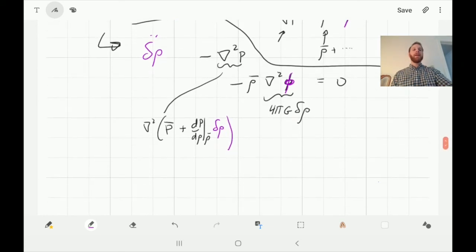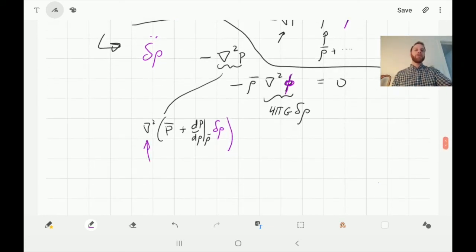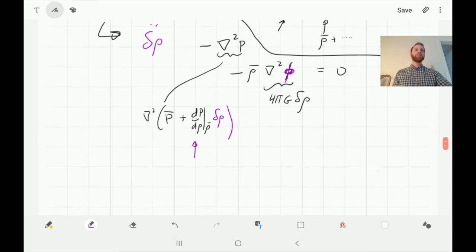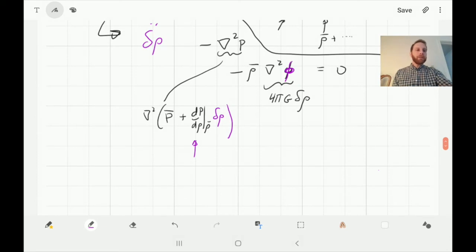And this Laplacian acting on the background pressure gives you 0 because it doesn't depend on space or time. This term here is also going to be evaluated at some background value.